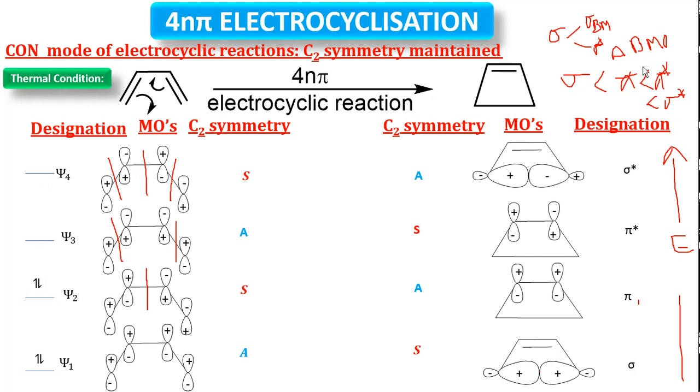Now, friends, let's see the electronic configuration. The sigma bond has 2 electrons. The pi bond has 2 electrons. So psi 1 has 2 electrons, psi 2 has 2 electrons.